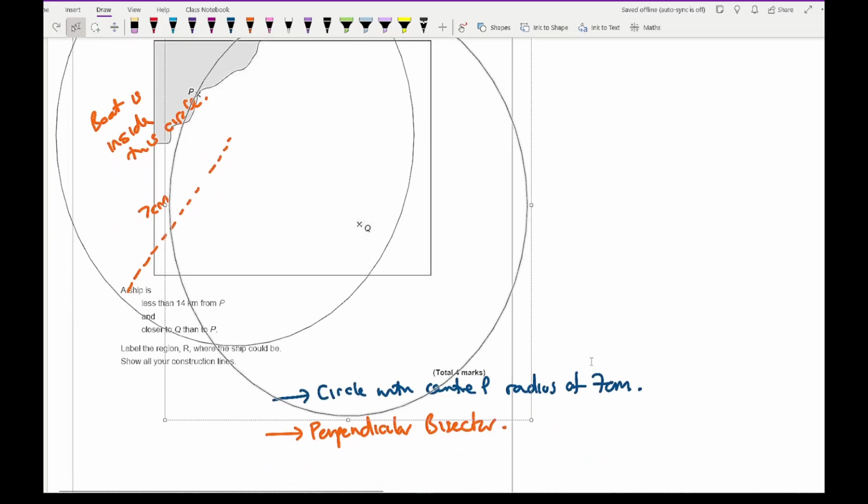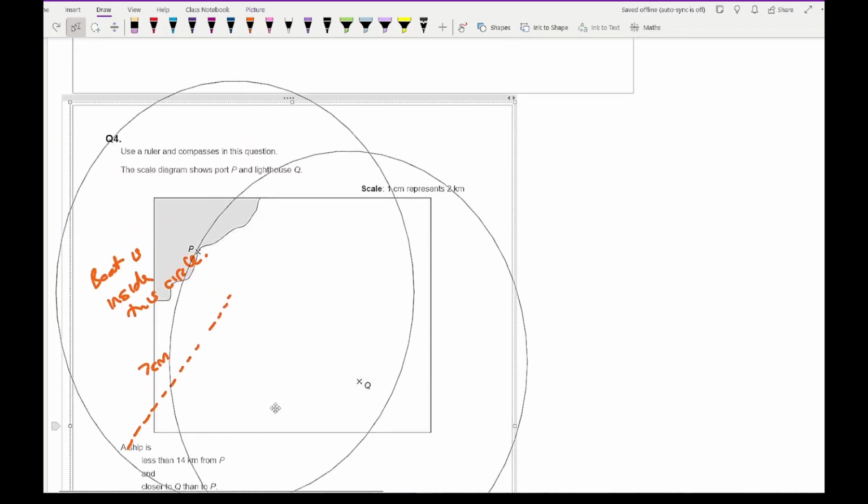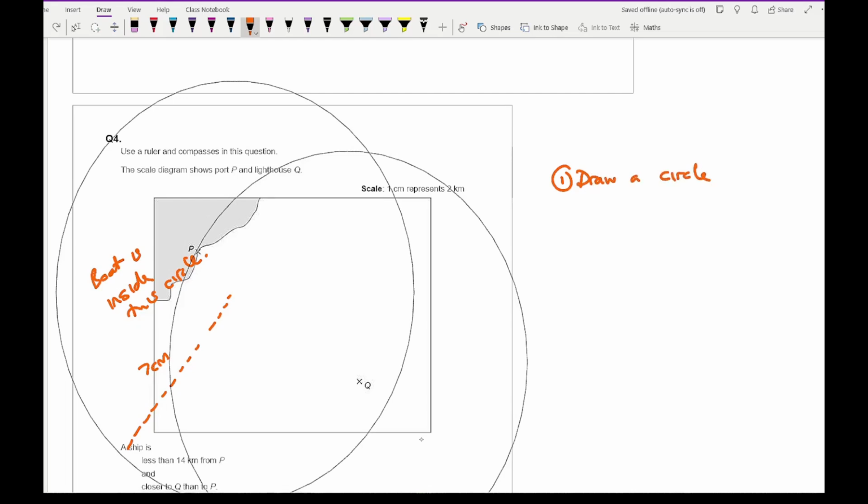I'm not sure why the instructions have been shifted, but they have. So let me write down the instructions of what we need to do here. Number 1, draw a circle from P with radius 7 centimeters.